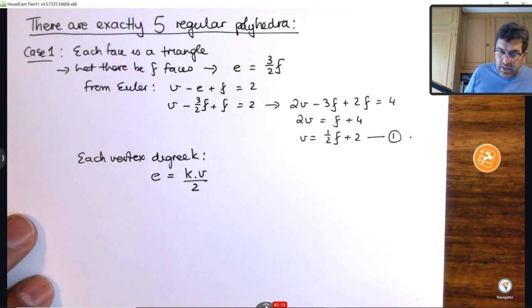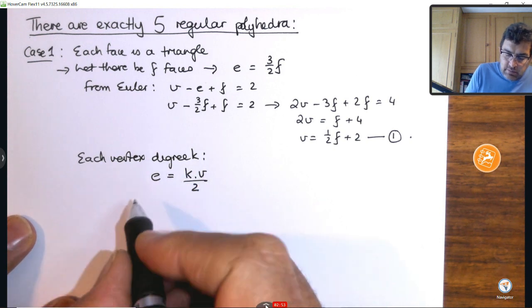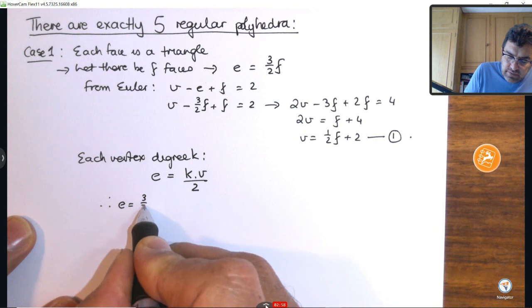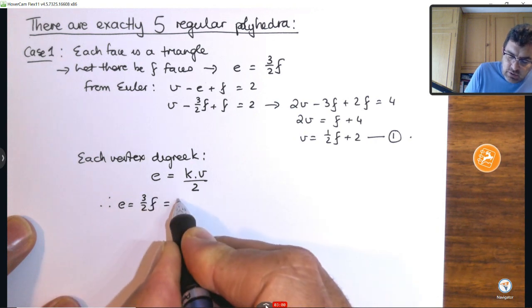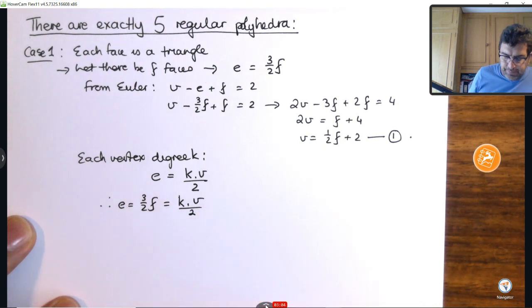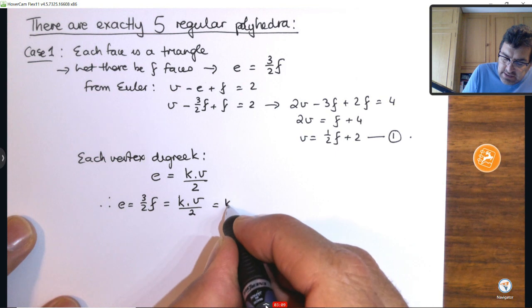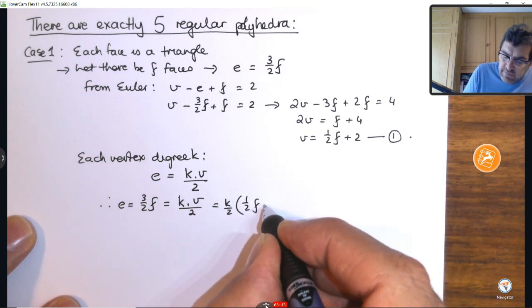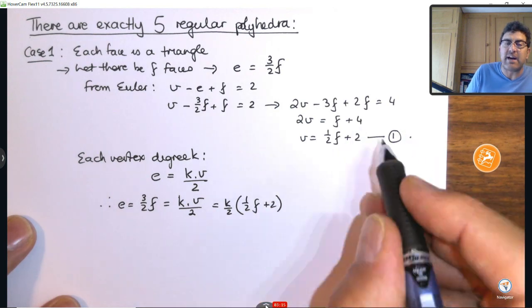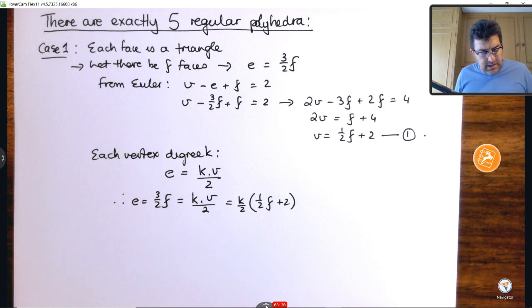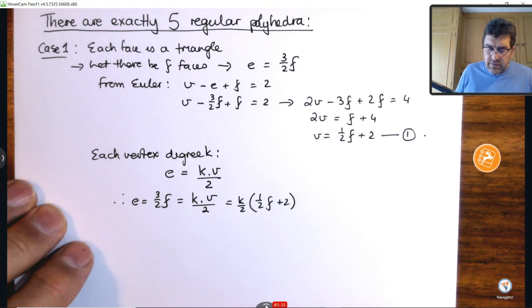Now with that in our arsenal, E is equal to 3 over 2F, which is equal to K times V over 2. And what do I have for V? I have V as a half of F plus 2. So I'm just going to manipulate this formula.